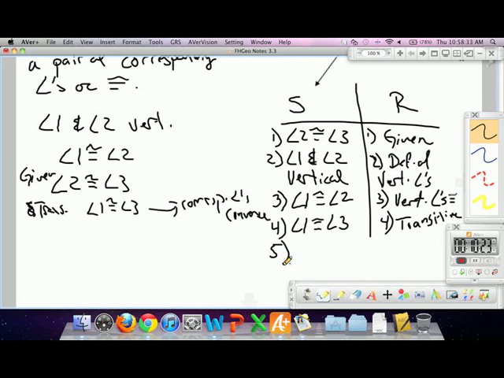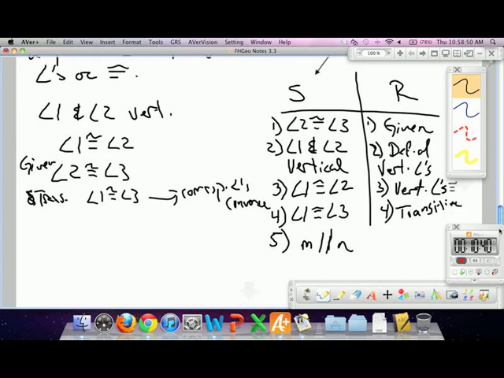I'll use the symbol for parallel: M is parallel to N. Why? Since corresponding angles are congruent, the lines are parallel. You can memorize it by its name, the corresponding angles converse.